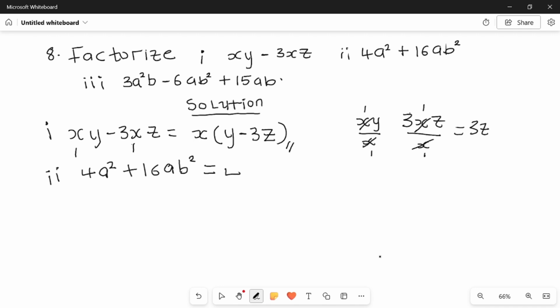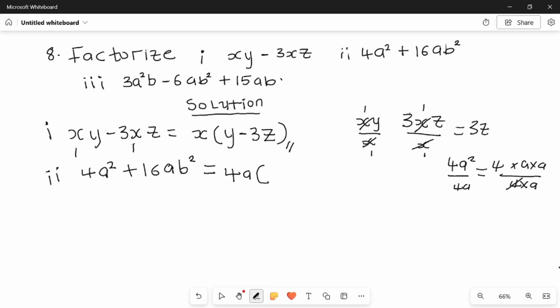So we write 4a here. This we are factorizing, we open the bracket. So 4a squared divided by 4a, let's do it here. 4a squared is the same thing as 4 times a times a, all over 4 times a.